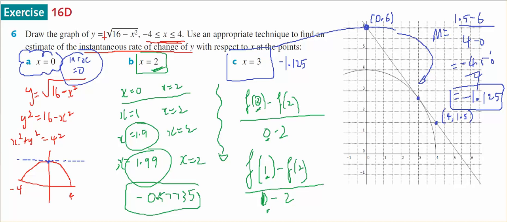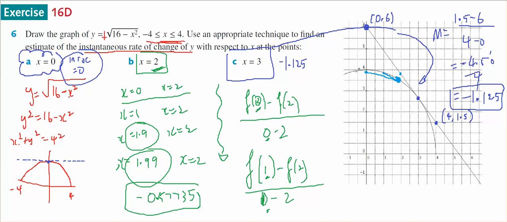Diagrammatically I was estimating here at 2. So I draw a chord from 0 to 2, then 1 to 2, then 1.9 to 2, 1.99999 to 2, and I work out the gradient of the chord.